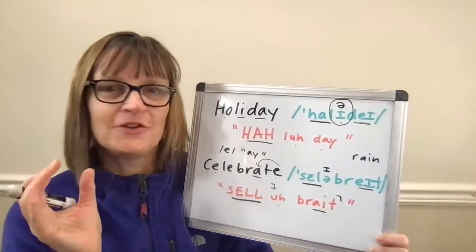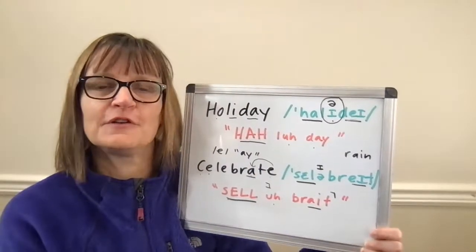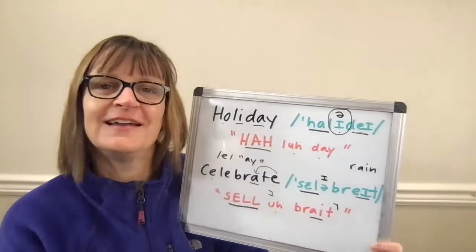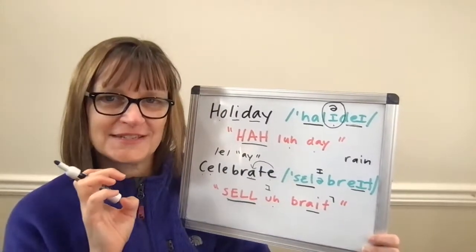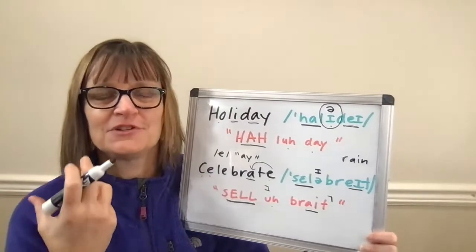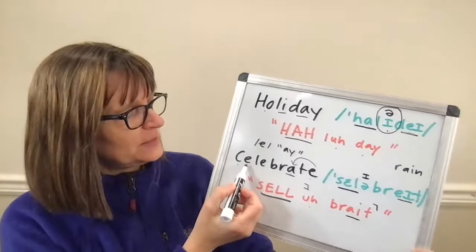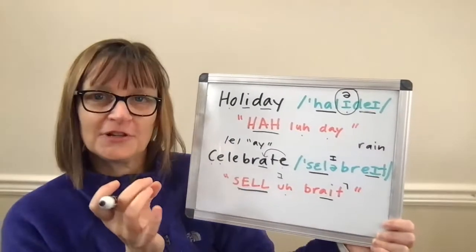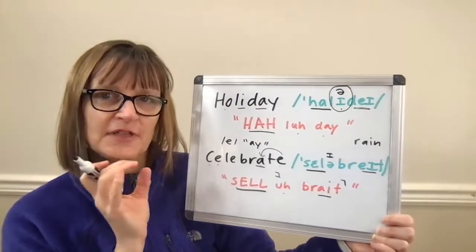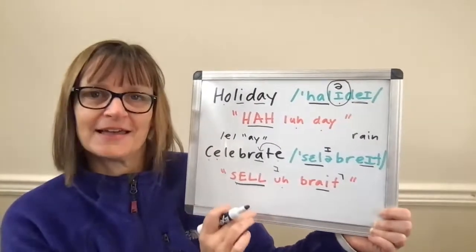You can't really hear a difference between the I and the schwa, so I wrote it here with a little schwa for you. I think sometimes when people see the I symbol or the letter I, they have a tendency to go a little bit more towards the E sound. A lot of times this is because in your native language, letter I might usually say E. Similarly, in celebrate, letter E in your language may say more of an A sound, and in celebrate, it's going to do that reduced sound, or not reduced, but lax sound.